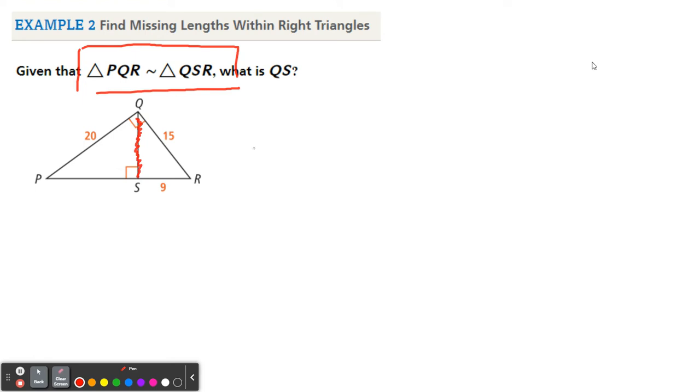And then let's draw triangle QSR over here. Here's triangle QSR. So in QSR, I know this is 9, I know this is 15, but in the big triangle, all I really care about is 20 and 15, right? I want to find the length of QS. So notice that QS is used in the small triangle only, right? It's not used in the big triangle. So this is what I want to find. That's my question mark.